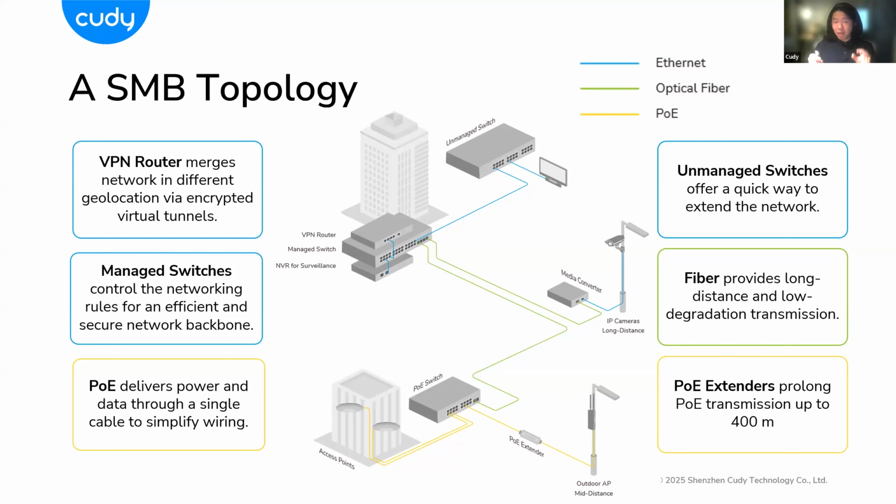To inject power into the Ethernet cable, you're going to need a PoE switch, the one connecting the 3 yellow cables on the graph. Okay, next I'm going to tell you about a limitation of a standard Ethernet cable: it can only reach 100 meters.